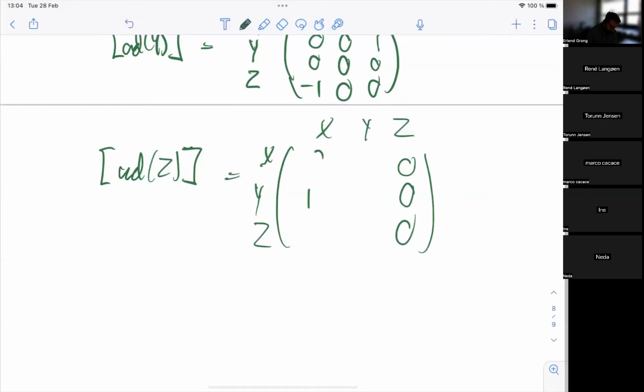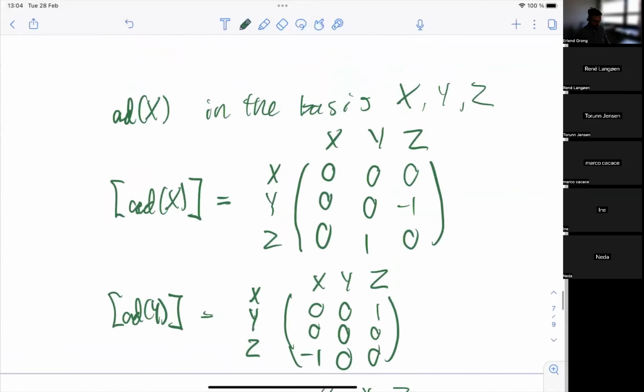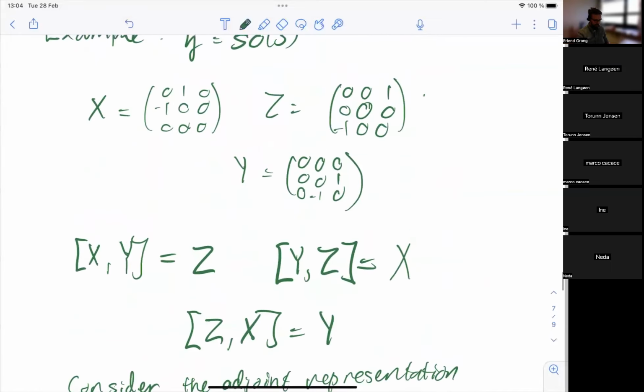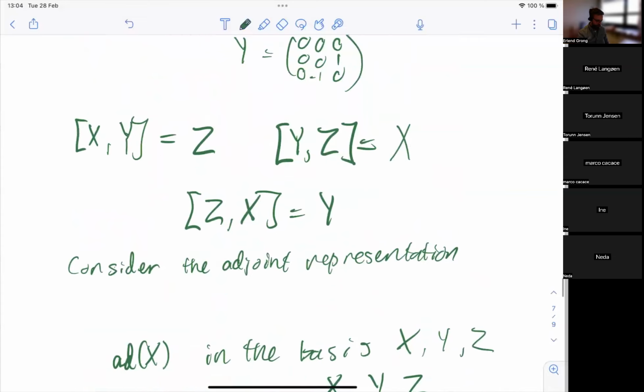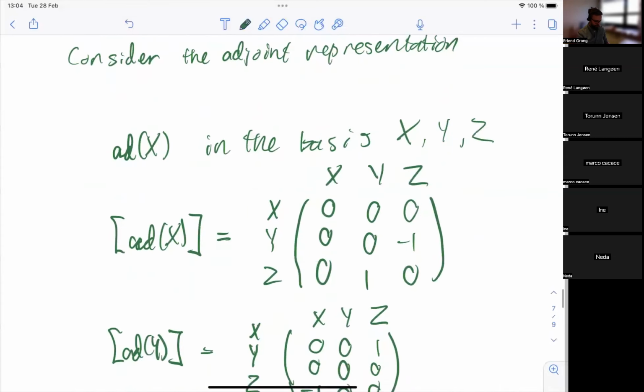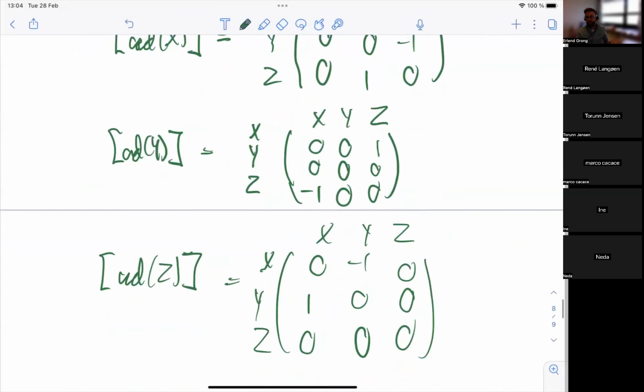On x I get y, and on y I get minus x. So we see that if we started off with the Lie algebra of matrices, and then we did its ad representation, and looked at how they look in the bases, they basically look like the same matrices all over again.